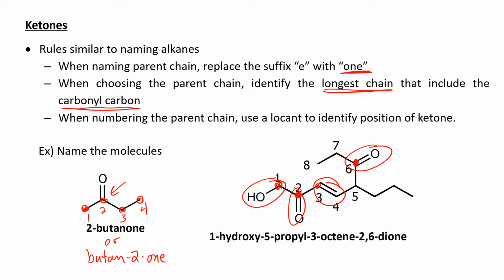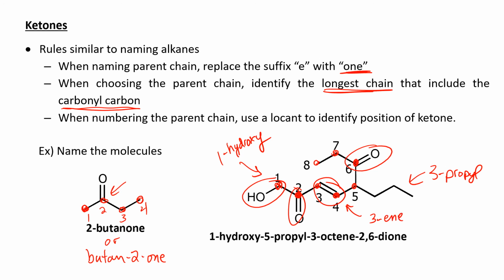1, 2, 3, 4, 5, 6, 7, 8. We've got a 3-propyl. You've got a 1-hydroxy. You've got a 3-ene.